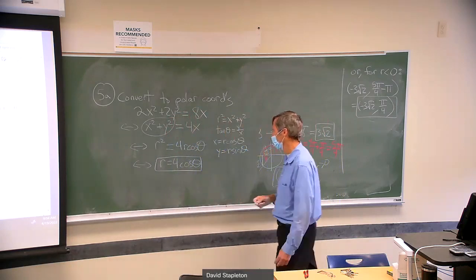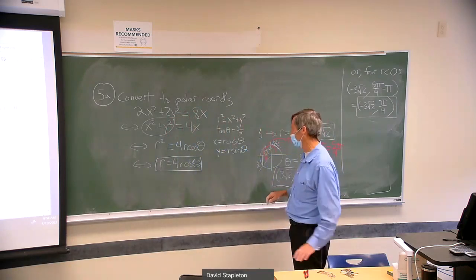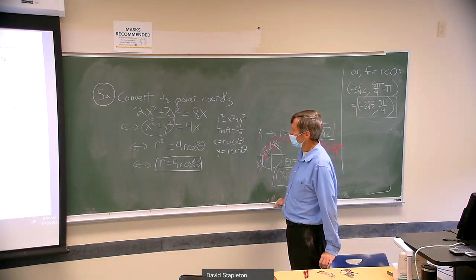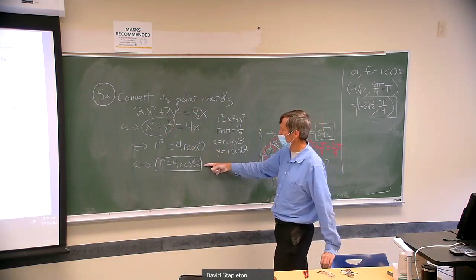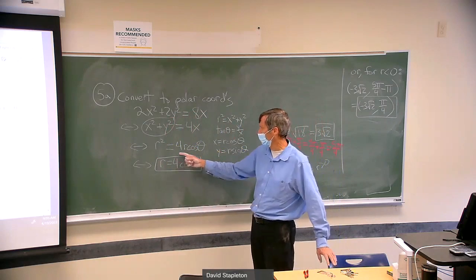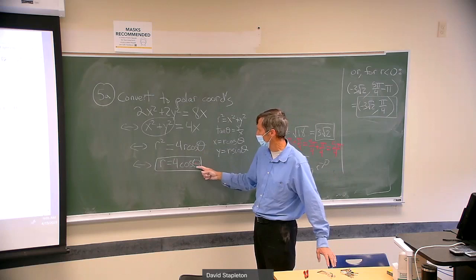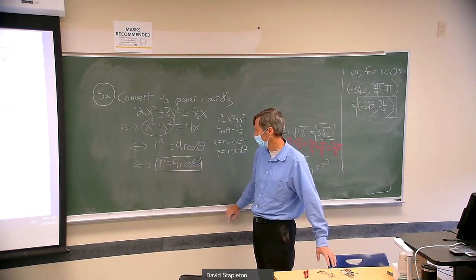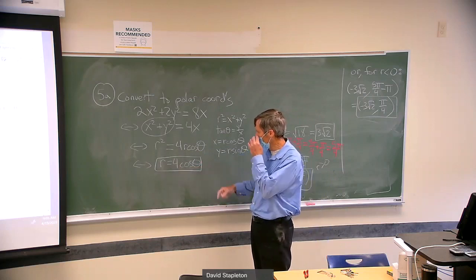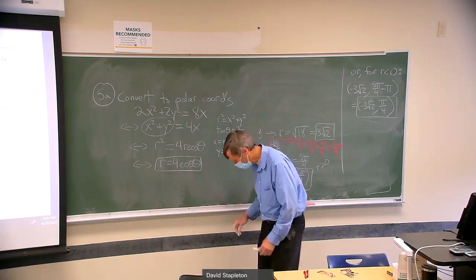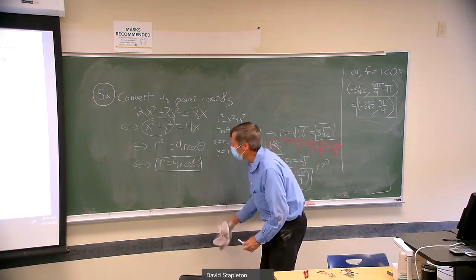Given away, it's actually a circle, not at the origin, but there's a good equation. You have to be careful when you divide by r, you assume r isn't 0. But r equals 0, the pole, is a solution here. It still is here when you put theta equals pi over 2 and r can be 0. So I actually didn't lose the pole by dividing by r. So there's a good equation for that one. You want to simplify it as much as possible.